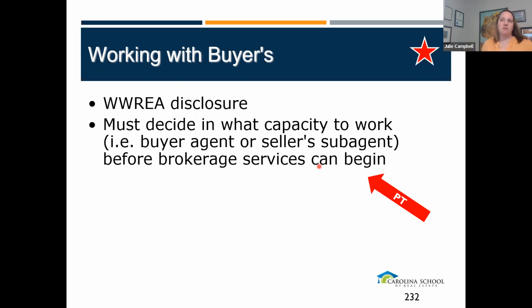So let's say you have them come into your office for a buyer consultation, where you sit down and you go over the process of buying, the things that they can expect. You ask them questions like, what do you want to buy? How much house? Square footage. At some point during that conversation, first substantial contact is going to happen, right? So when you know you're getting ready to work with a buyer, we need to do our WWREA as early as we can.